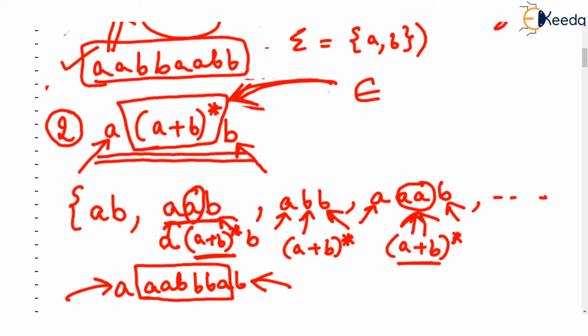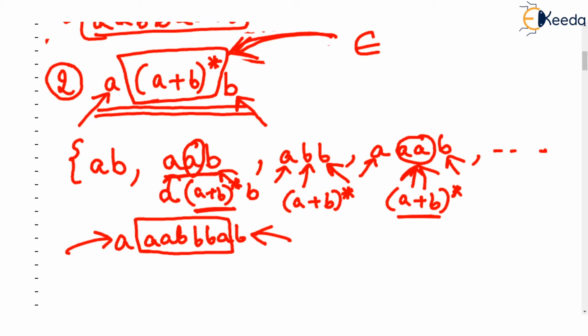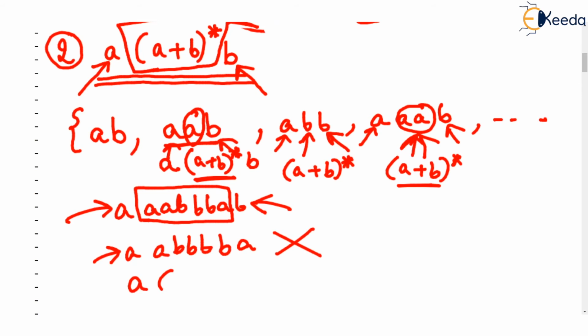Okay, what about this string which I am writing? Will it be accepted? ABBBA. Impossible. Because it starts with first A. I'll better write the regular expression again over here. The regular expression was A(A+B)*B.